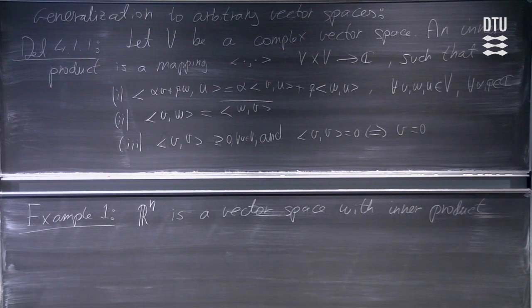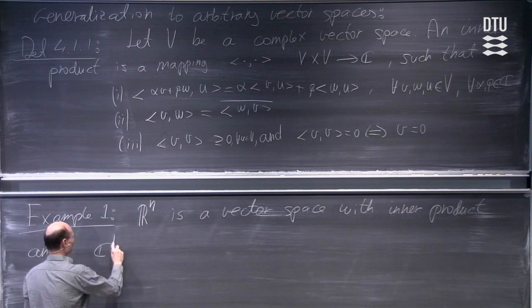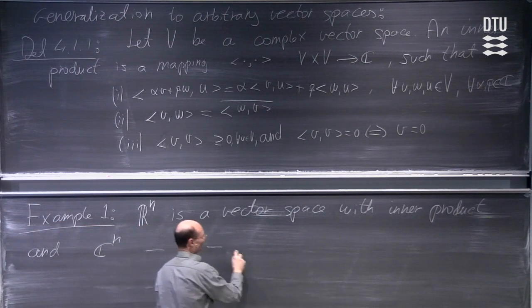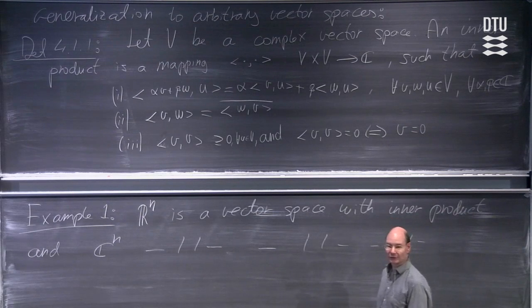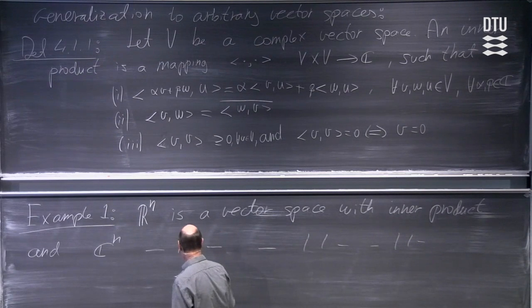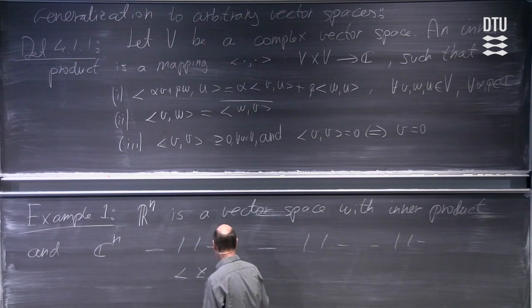I will not do that. What I'll do instead is to look at the complex case, because this is what is new for you. So Cn is also a vector space with an inner product. And I need to tell you what this inner product is. The way we define it is the inner product of x and y, and we take almost the same as what we have here, except that we put a bar on the yk.